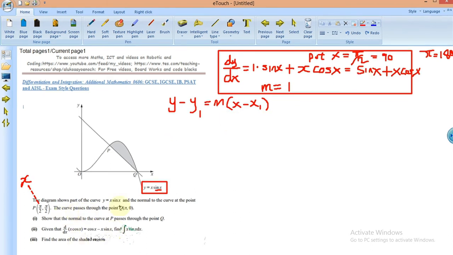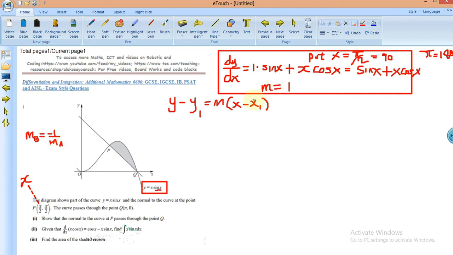Now, if you look at this question, the diagram shows part of the curve y equals x sine x and the normal. Don't forget that normal means perpendicular. From our knowledge of straight line functions, the gradient of a line perpendicular to another line will be minus 1 over the gradient of the given one.